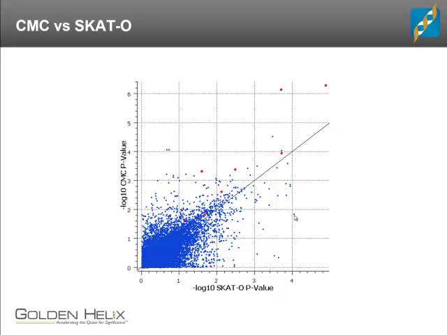There's one especially influential variant that was predominantly in controls rather than cases. The SKAT family of methods are pretty good at finding those genes where there are variants that work in both directions. Some of these burden tests like CMC are not quite so good at that, and that's why we see results like this. So again, there are different factors to consider, different hypotheses you might want to test as you're working with rare variant data.